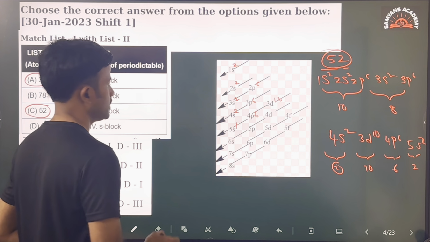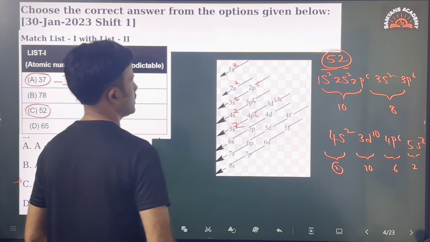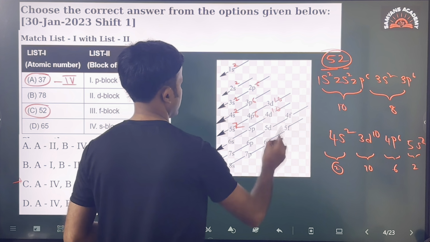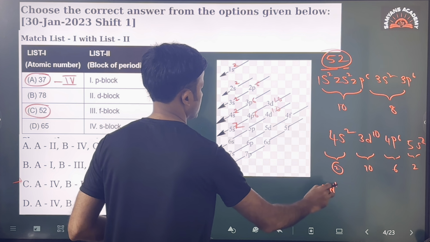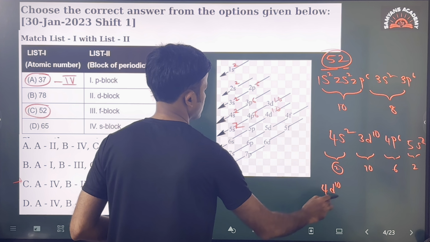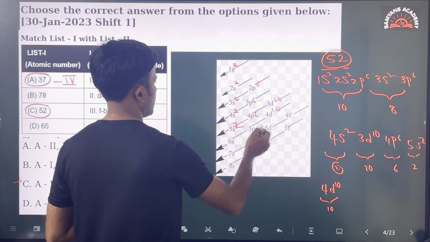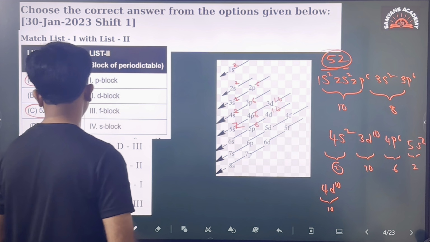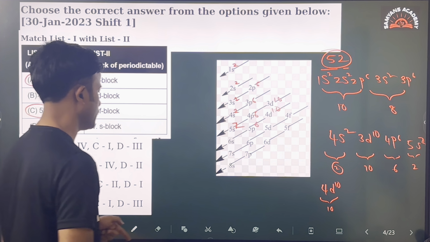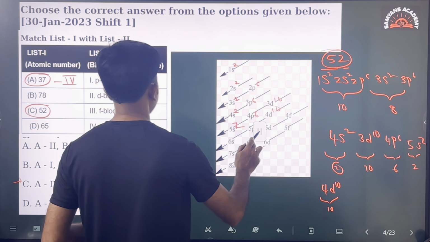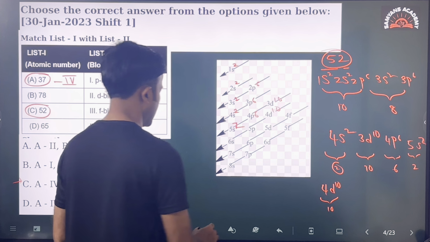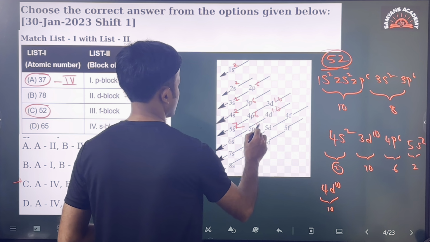Up to 38, then 38 plus 10 is 48. So up to here 48 electrons are over. 48 plus 6 is 54, but we need only 52, so 48 plus 4.